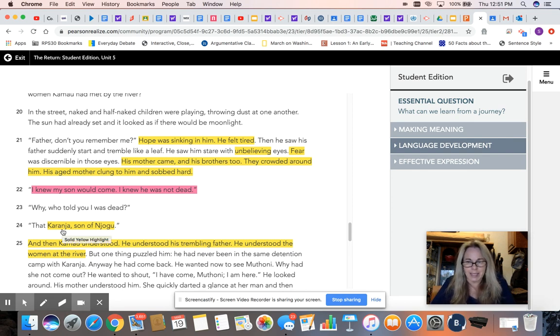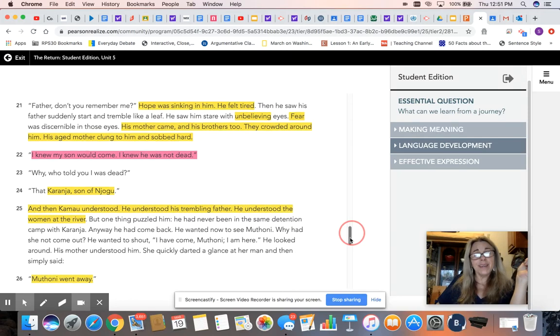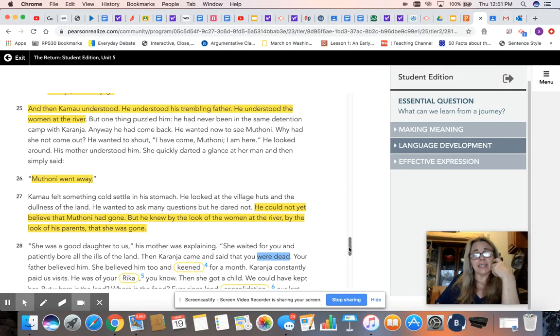So we get a new character, and apparently this guy took it upon himself to move in on Camus' wife. Yikes. Taking advantage of him being in the detention center. And we get all these details here. He doesn't understand why Karanja would tell them that he's dead because they were never in the same detention center.